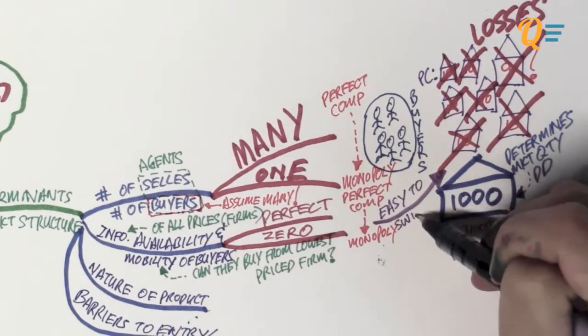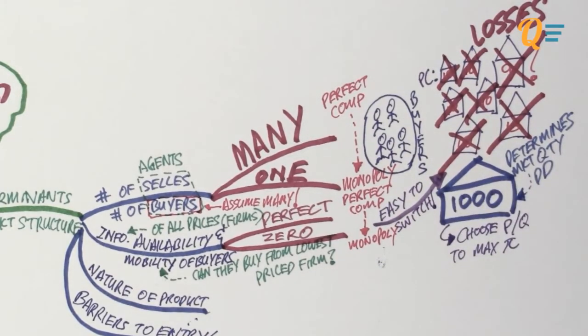Information and mobility makes it easier for customers to switch between firms. Okay, so if there is no ability to switch between firms, or if they don't even know who else is selling at a cheap price, so they only rely on one firm, that firm is as good as being a monopolist because he actually controls the consumer. The consumer has got no opportunity to move to another firm that is selling at a cheaper price.